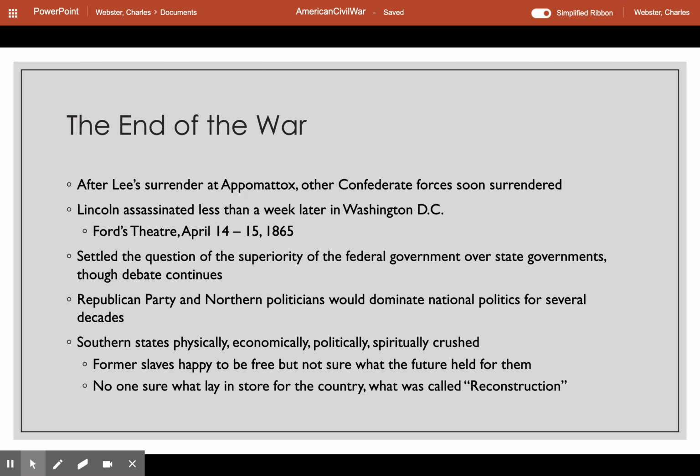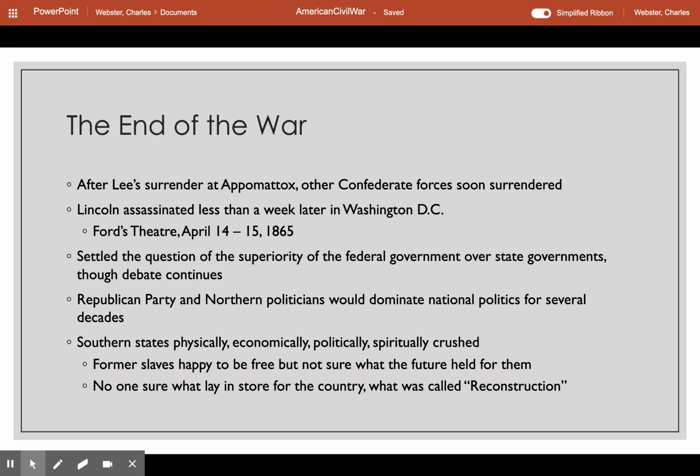And another big effect of the war was the Republican Party and Northern politicians would go on to dominate national politics for several decades following the Civil War. Basically, the Republican Party took control of the government, even in the reconstructed South, which we'll learn about. In fact, the next president to come from a southern state would be Woodrow Wilson, and that wouldn't be until 1912.